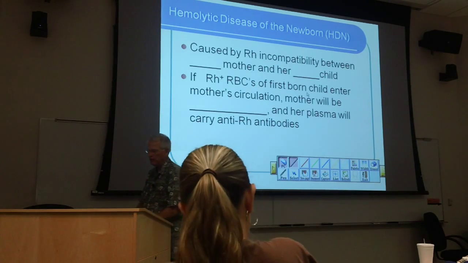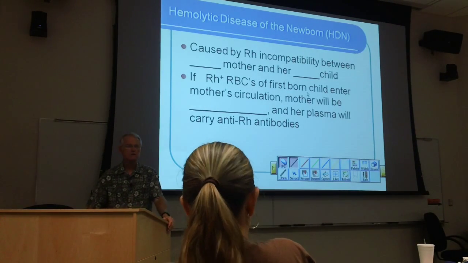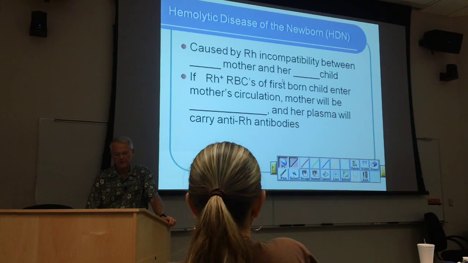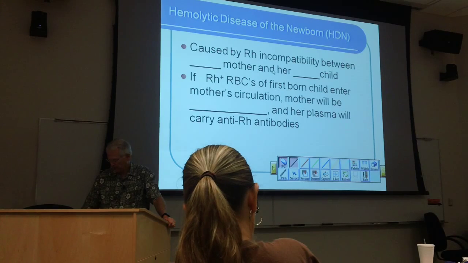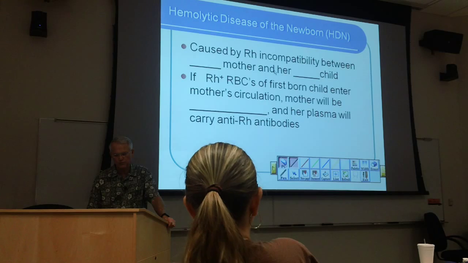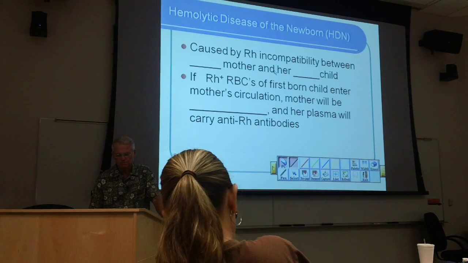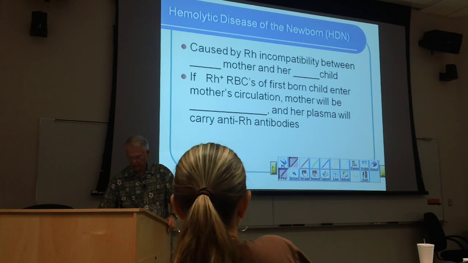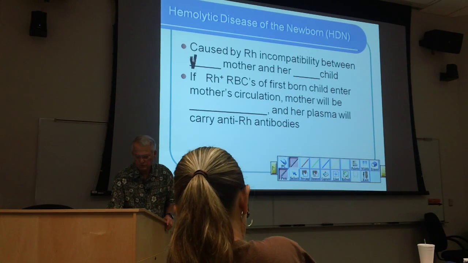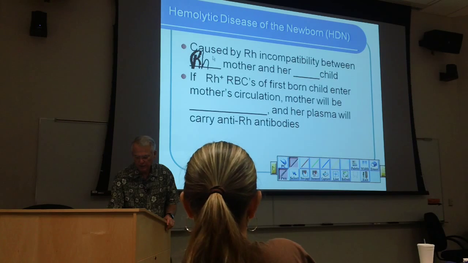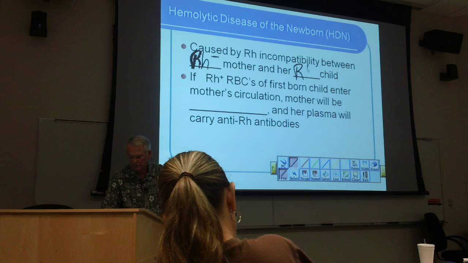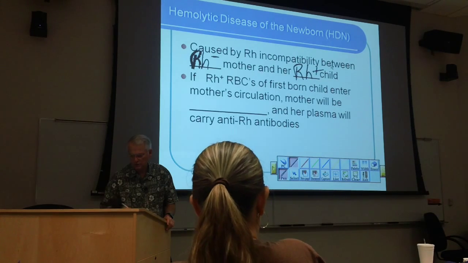And it does so within the fetus's bloodstream that is being zapped by this problem. But to lay down a foundation for understanding this incompatibility between mom and baby, you must say it's caused by a reaction between an RH negative mother and an RH positive child.